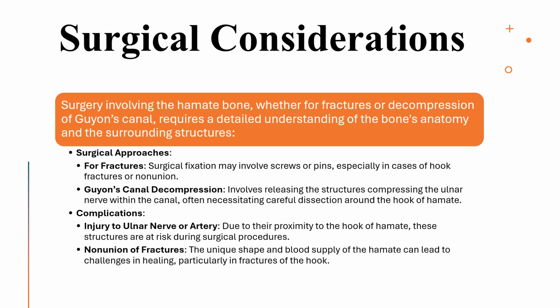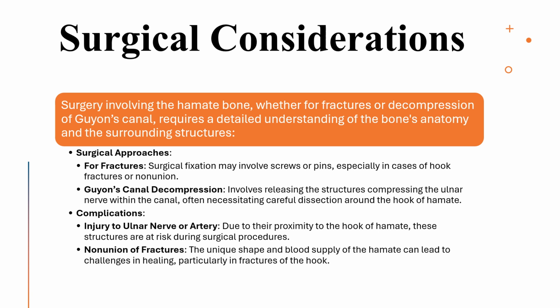The surgical approach for fracture: surgical fixation may involve screws or pins, especially in case of a hook fracture or non-union of the hamate. In Guyon's canal, decompression involves releasing the structures compressing the ulnar nerve within the canal, often necessitating careful dissection around the hook of hamate.